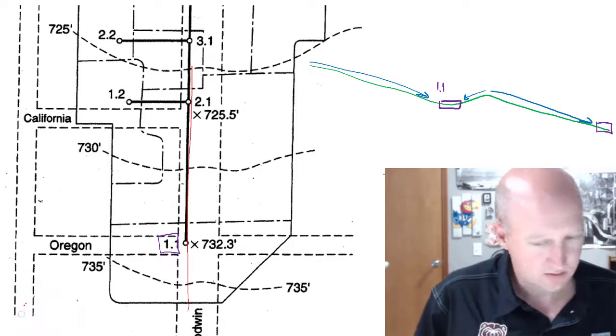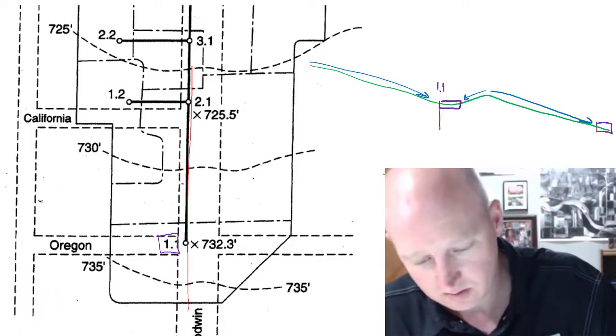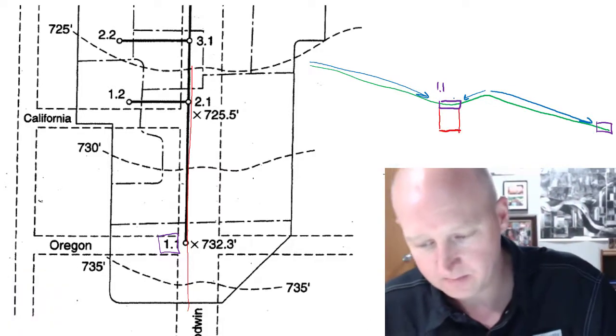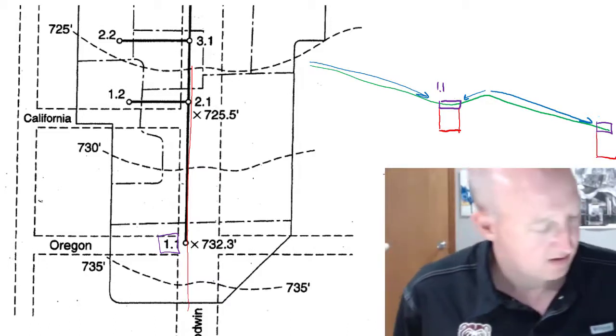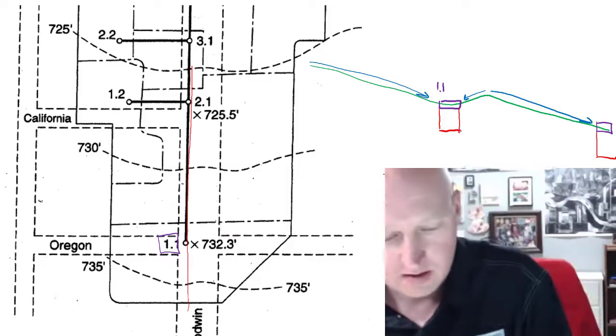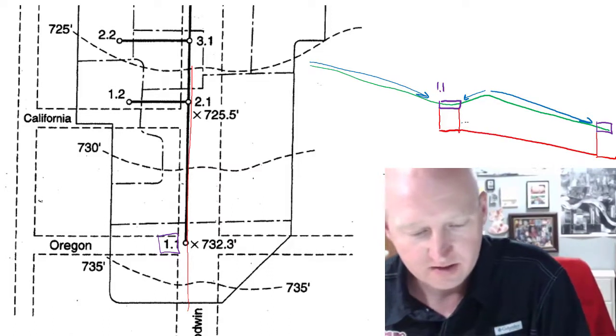So below ground we would have a box of concrete, and then a pipe that connects them together.